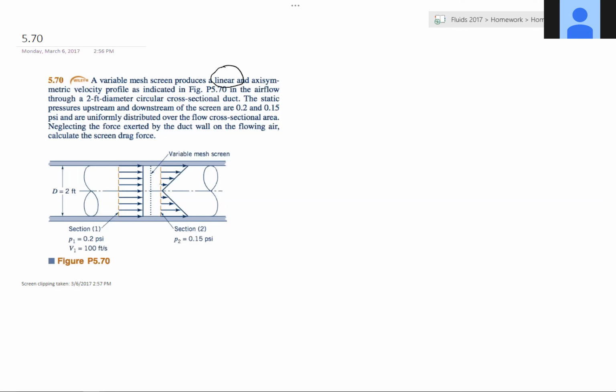So because we're looking for a drag force, and if you notice a couple of these problems, some of them were find the anchoring force, find the whatever, but we have that one where we had to find the weight, and here we need to find the drag force. But we're doing it the exact same way, where on the left-hand side, we have what's known as the momentum flux, and on the right-hand side, we have the sum of the forces. So what's the real difficulty with this particular problem?